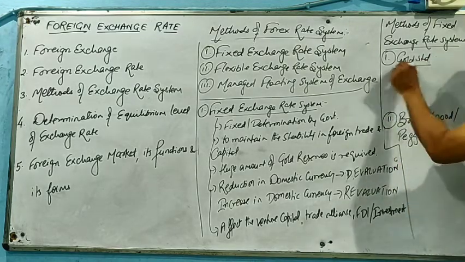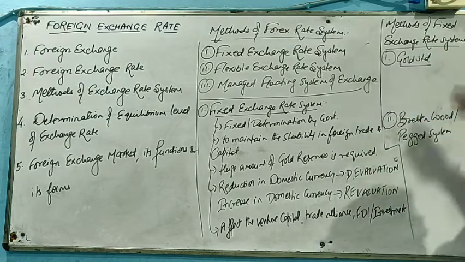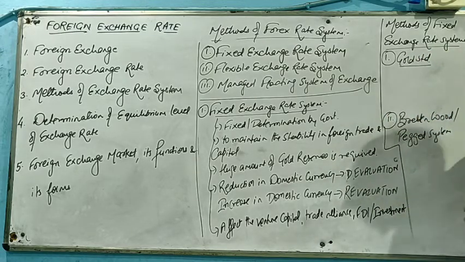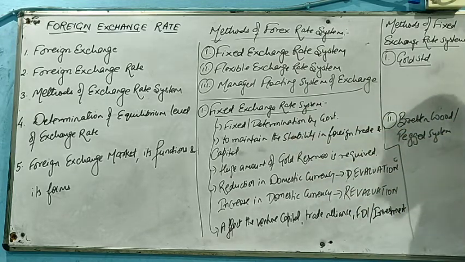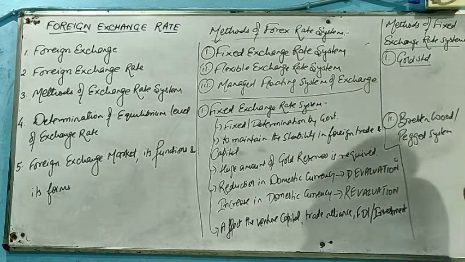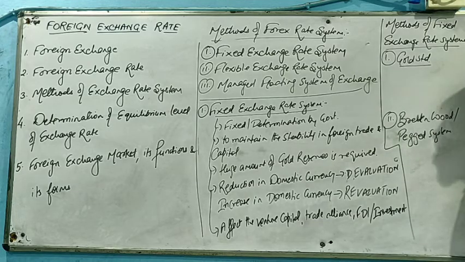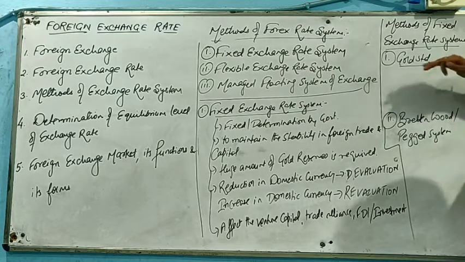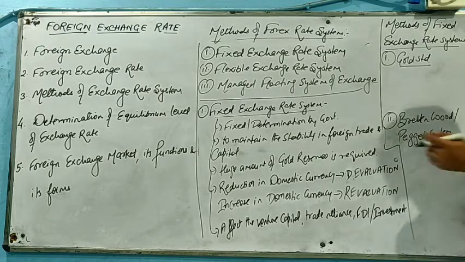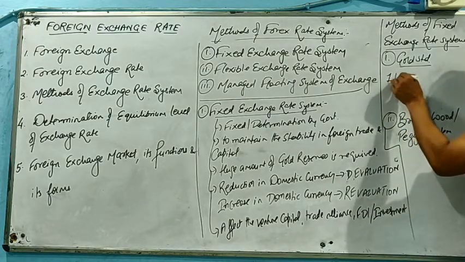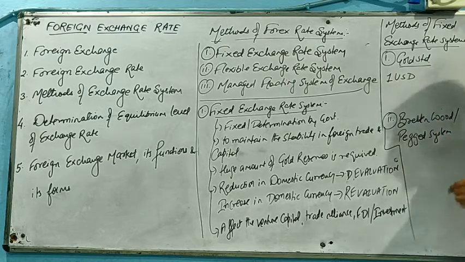If we talk about the gold standard, this was the oldest form of fixed exchange system, where every country's currency was exchanged in terms of the amount of gold they had. Every nation has its gold, so every country's currency will be dealt with in terms of gold.